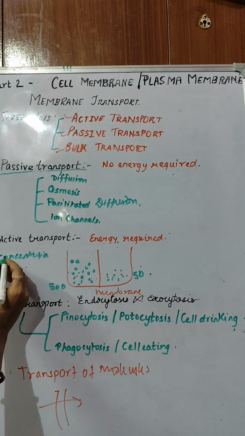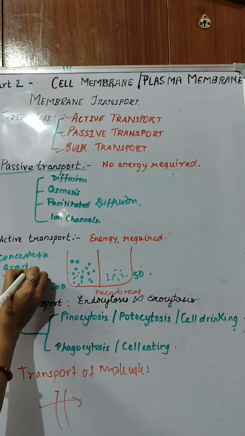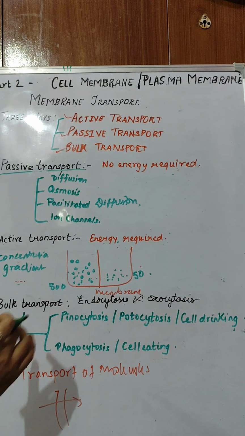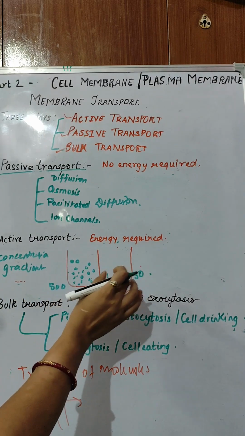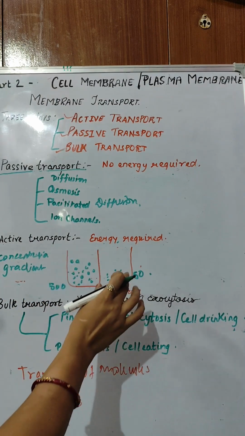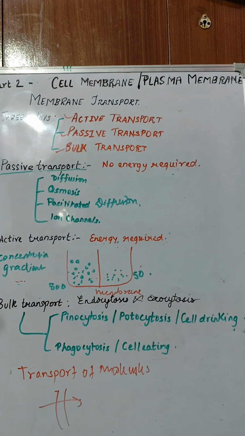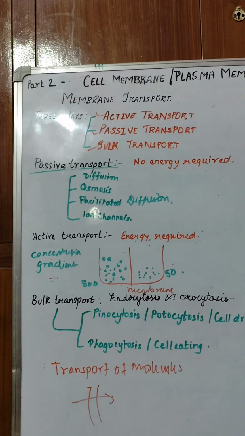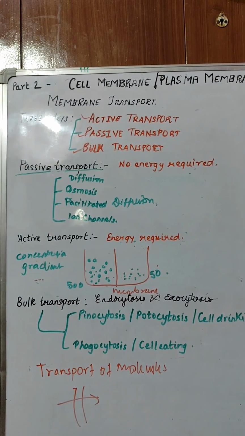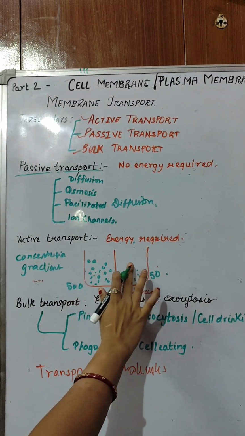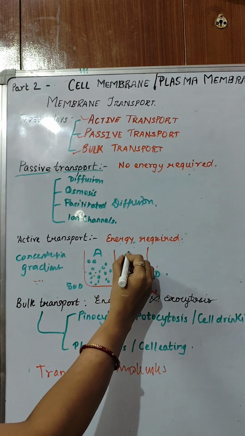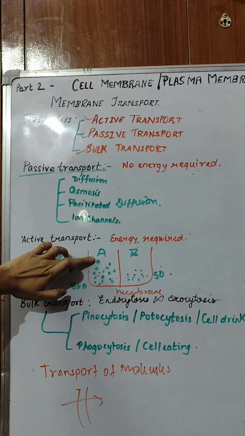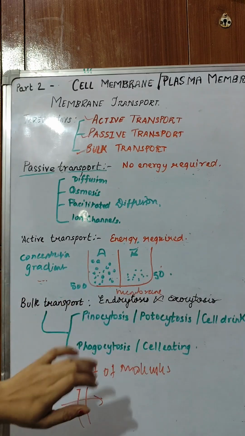Gradient here means the difference between the two regions or areas. Let me name this part A and this part B. So the higher concentration gradient is the A part and the lower concentration gradient is the B part.